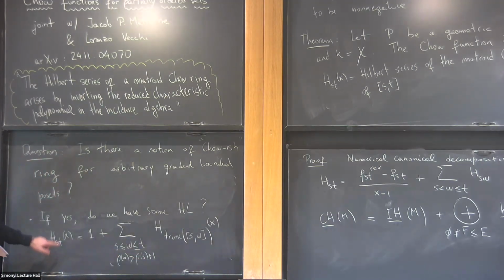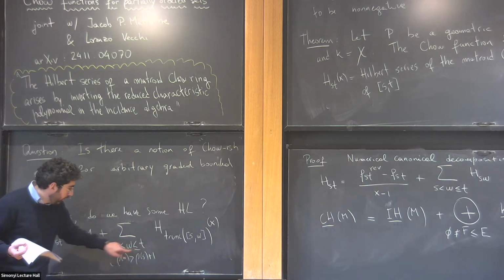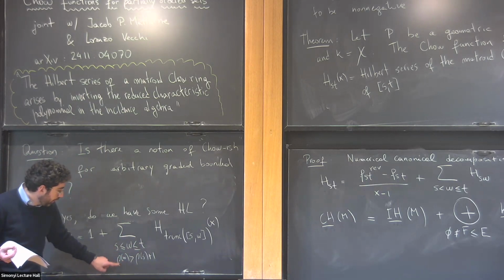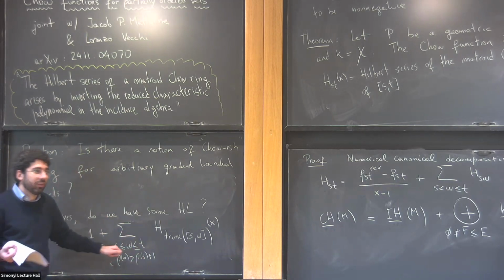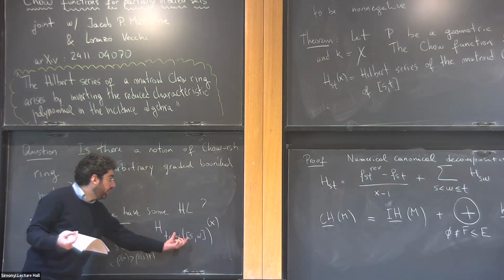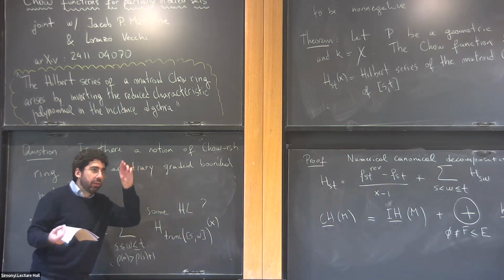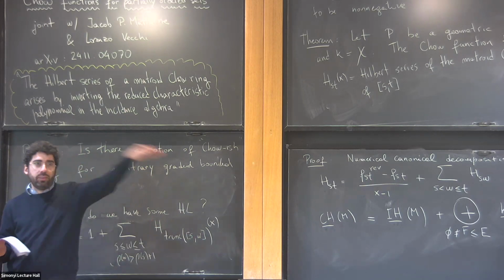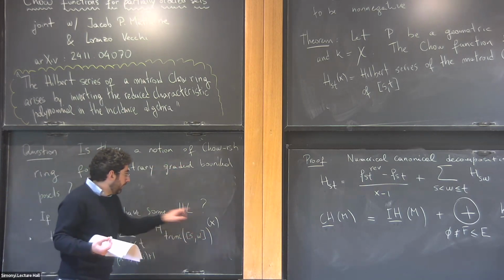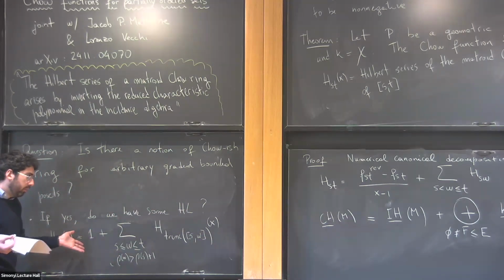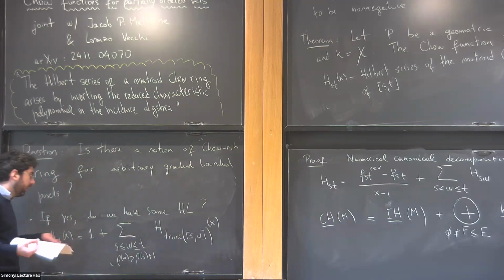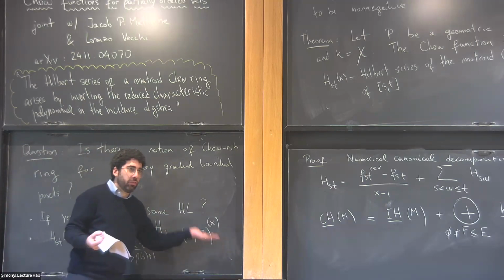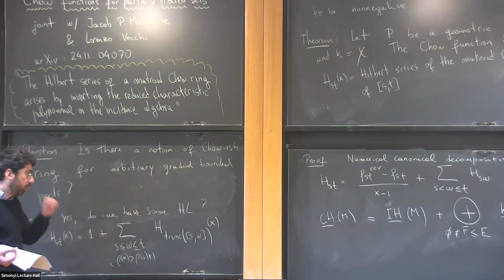This is true: you take any graded bounded poset, take the polynomial H_S, this is 1 plus the sum over all the elements w that lie in the interval and have rank, so they are not covering s, that's the point, of the Chow polynomial of the truncation of this interval. Truncation means take the poset and erase the coatoms. And this is something that for matroids is not entirely obvious. In fact, I was very surprised when Matt proved that, because you rarely see recursions that involve truncations of matroids for this kind of objects. But this is true for all posets.